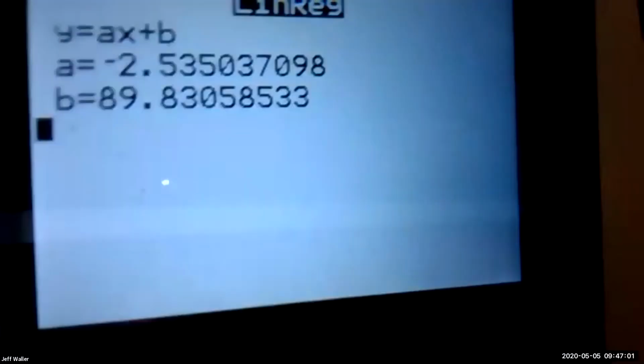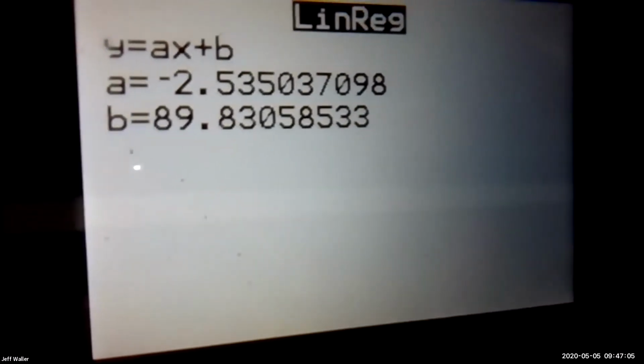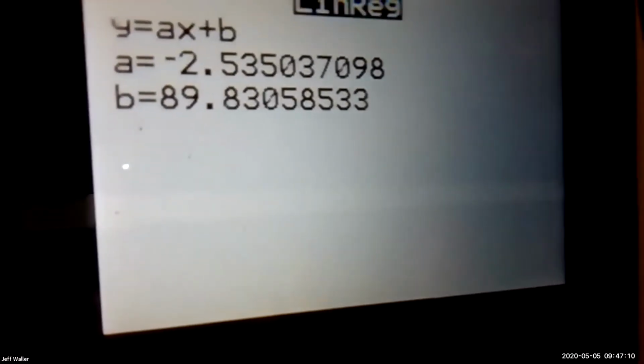No, because my calculator's bad. Or no, let me do this so I get the same thing you got. Some of you will, some of you won't. I have a feeling that most of you got this, which you can tell me, what's the slope?